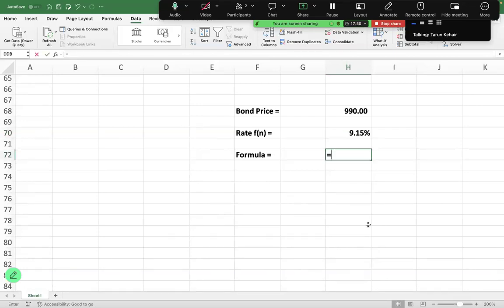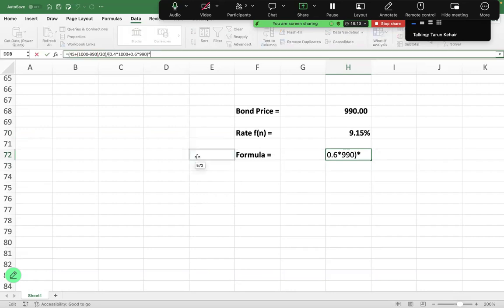And if I use the formula C plus M minus P, so 45 plus 1000 minus 990, this time divided by 20, divided by 0.4 into 1000 plus 0.6 into 990. Again I get the semi-annual yield.